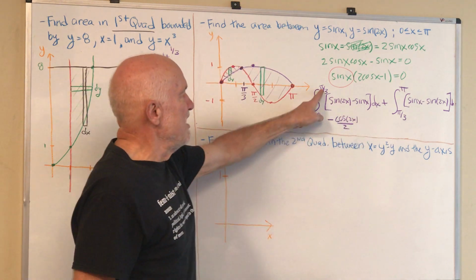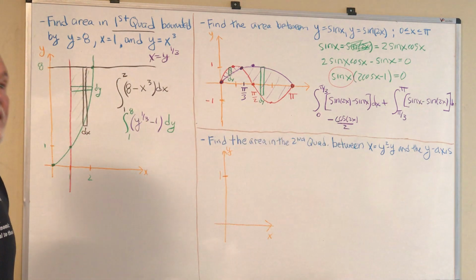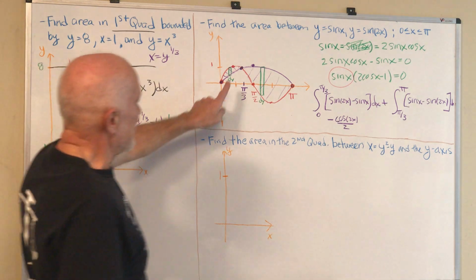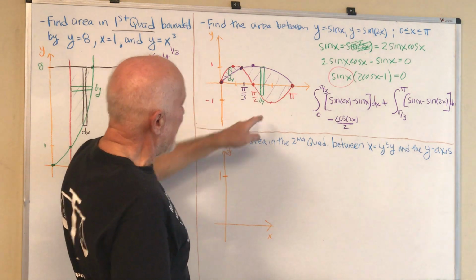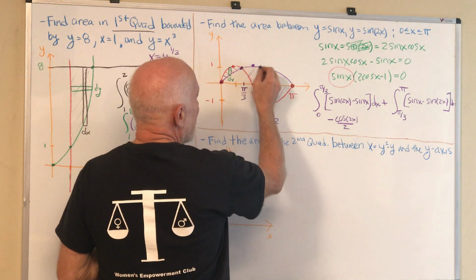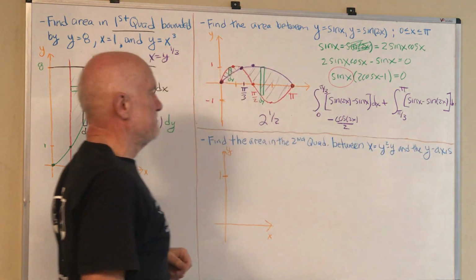So when you plug in pi over 3, you're going to have to know the cosine of 2 pi over 3. So you're going to have to dig out your trigonometric automatics. The answer turns out to be 2.5. And most of the area is going to come out of this integral over here.